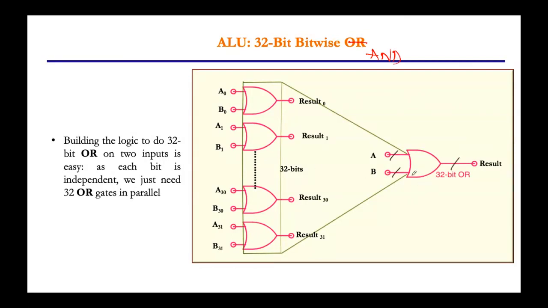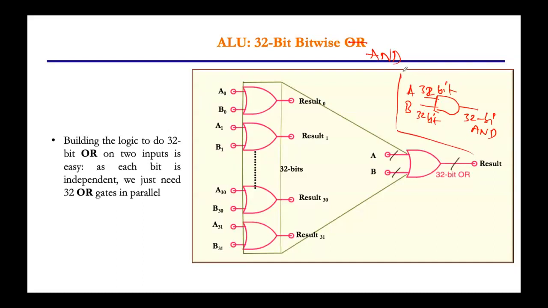In that case, these gates will be replaced with the AND gates. So it takes A 32 bits and B 32 bits, and it gives the result, 32-bit AND.